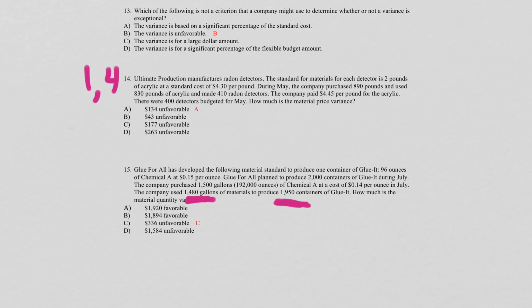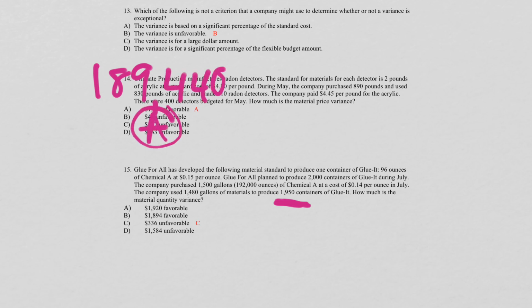I translated 1,480 gallons into ounces, and the way to do that was to take the 1,480 gallons times 128 ounces, which is how many ounces are in a gallon. Let's do the math again. The math showed me that they actually used 189,440. That's what they actually used.